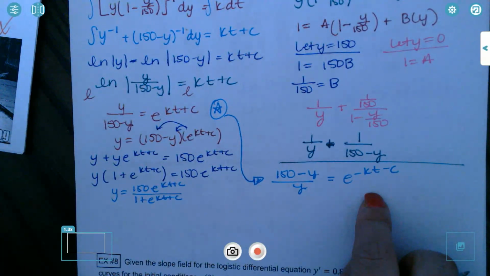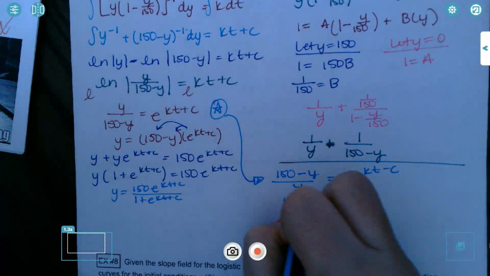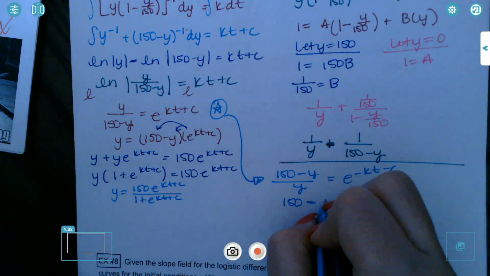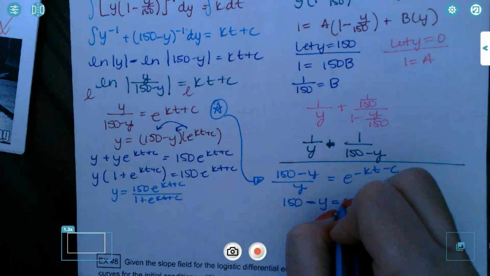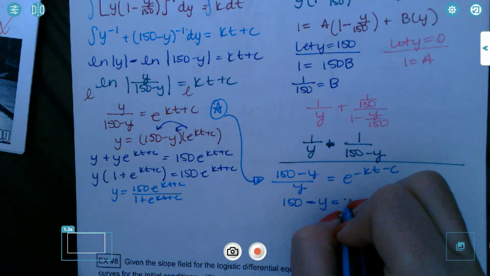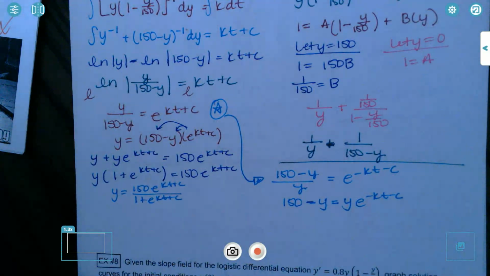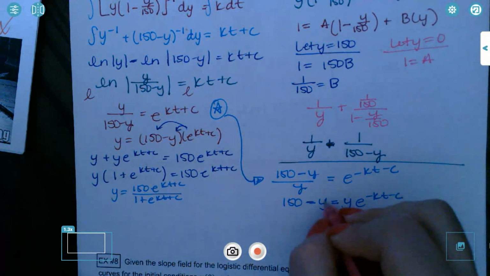And then you could have pulled your y over. So I multiply my y up, and then you could have pulled this y over.